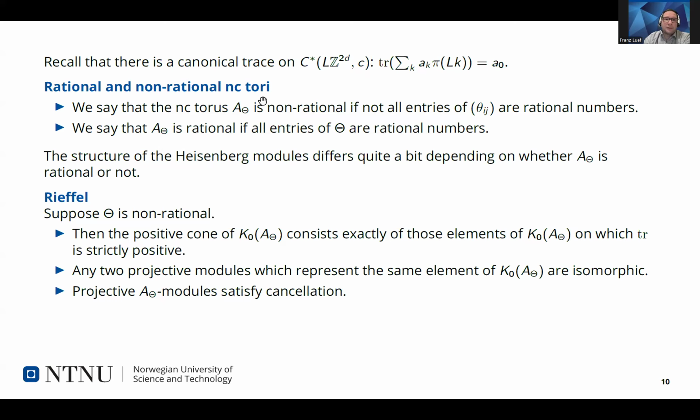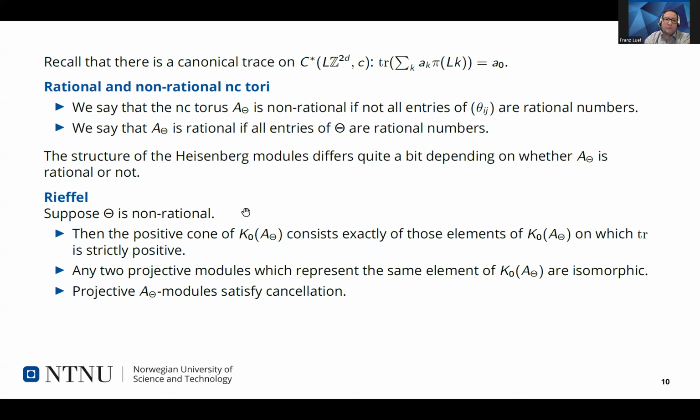And there is this interesting thing that the behavior of these modules somehow depends on whether the noncommutative torus is generated by a rational or non-rational theta. If one of these theta_ij's, the entries of this theta matrix, is not rational, then we call it a non-rational noncommutative torus. And if all of them are rational, then we call it a rational noncommutative torus.